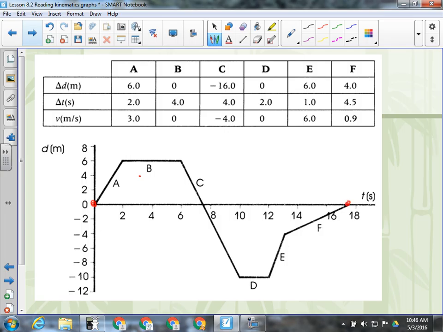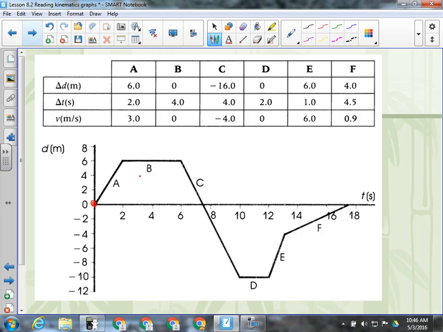The only thing that's changed is time. I ended up back where I started, so I didn't really accomplish anything. V equals displacement over time, and as Nick pointed out, the displacement is 0, so my velocity has to be 0. That part is easy because there's no displacement, so the math ends up being fairly simple on one like that.